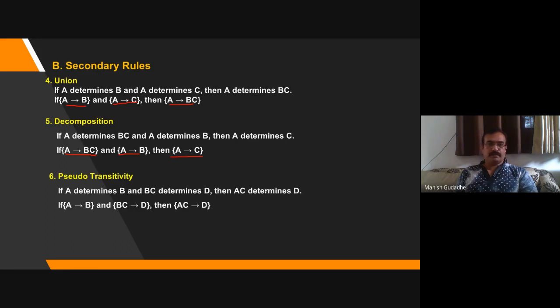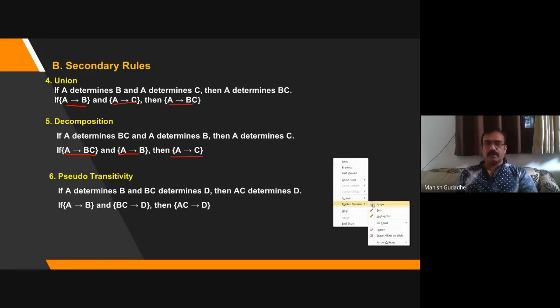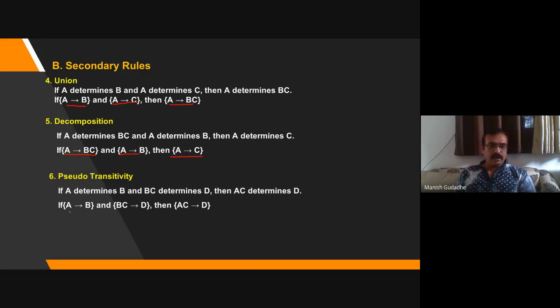Pseudo transitivity. Pseudo transitivity is a little complicated to understand. If A determines B and BC determines D, in that case I can replace B with A because A is determining B. So this is replaced here and I can say that AC is determining D. Transitivity is the primary rule, and this is pseudo transitivity.